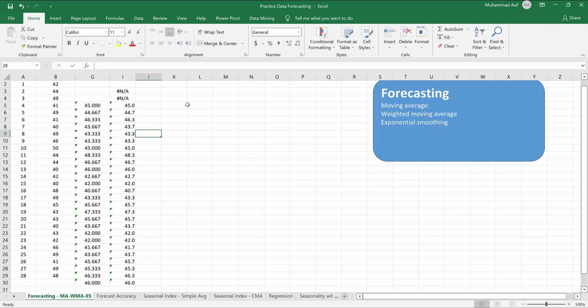Okay. Then in the next one we calculate weighted moving average.